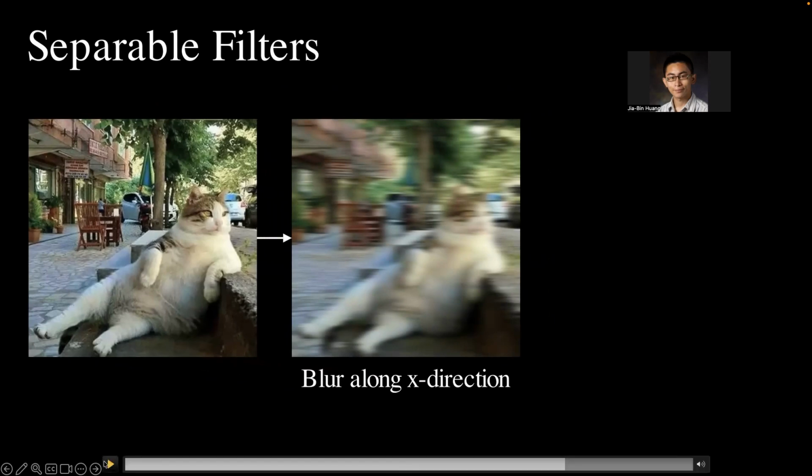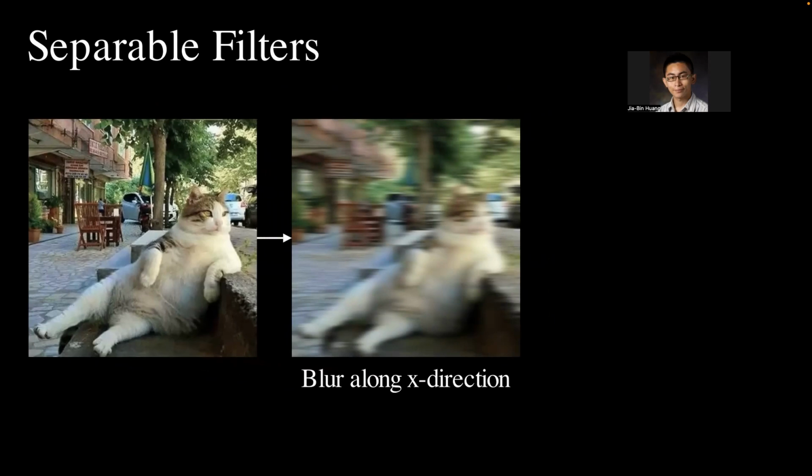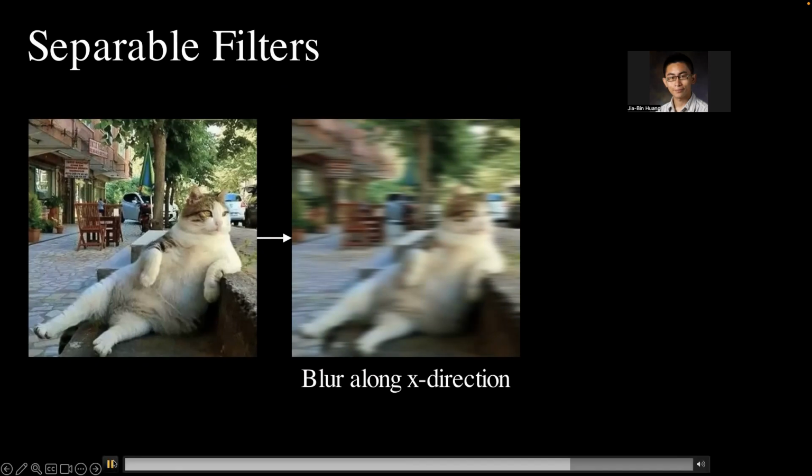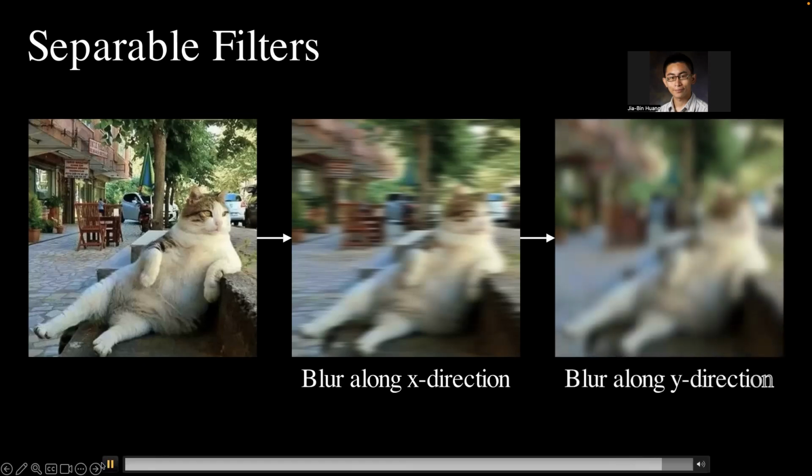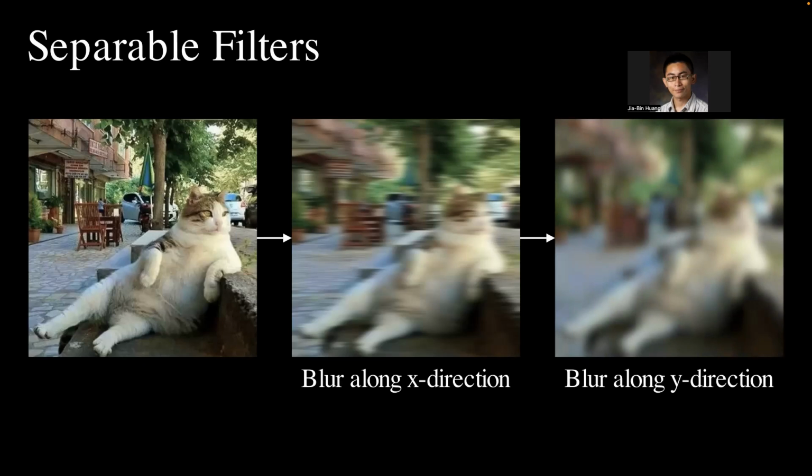Then you take this as an input image and apply a blur along the other direction, and you get the output. This result is mathematically equivalent to directly applying a 2D filter, because the filters can be composed together.